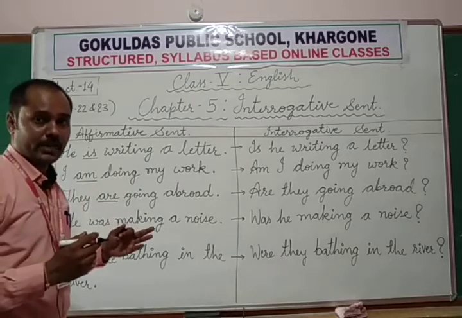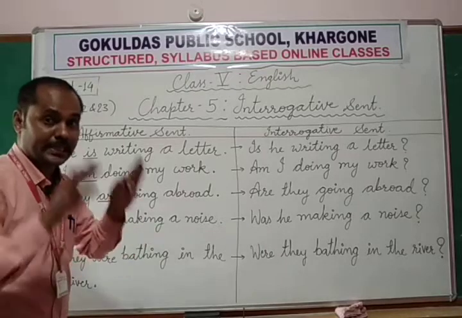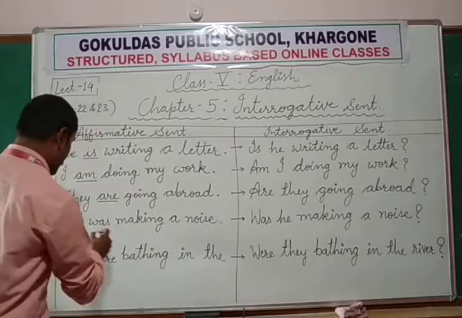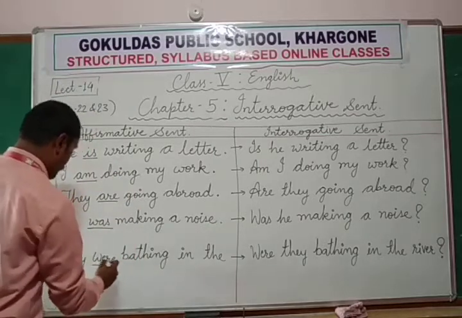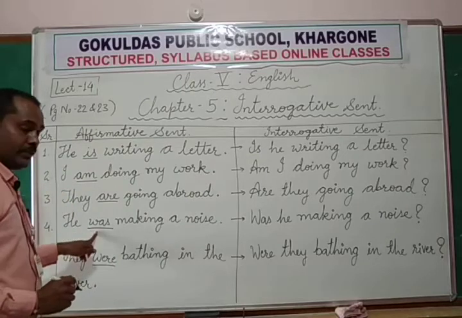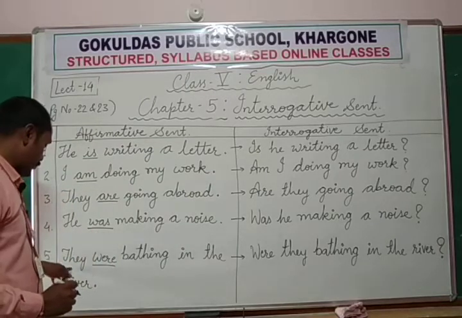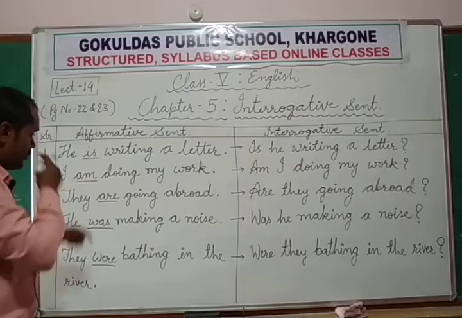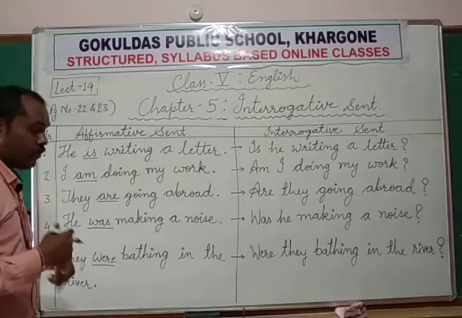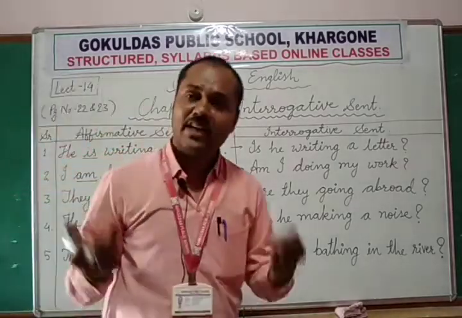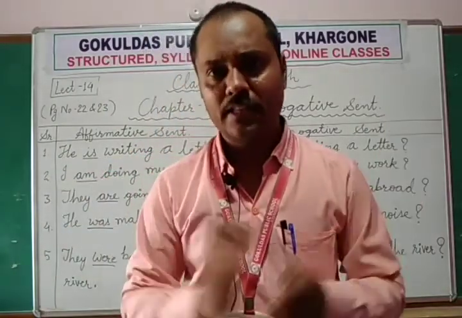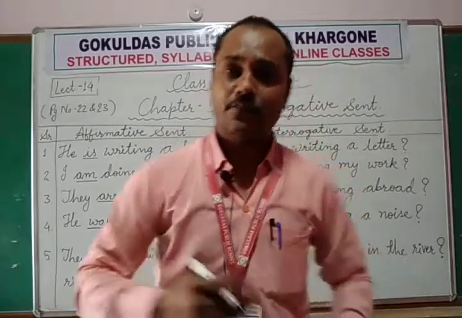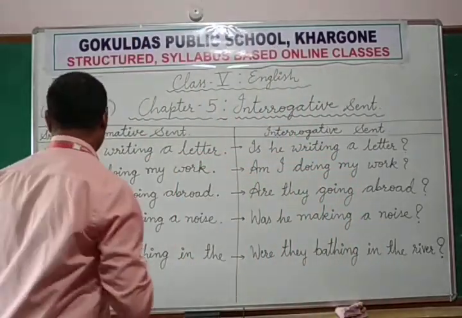These are the helping verbs used in present time to show the present time. But for past times we use was for a singular subject, and for plurals, meaning more than one person, we use were. So these are 1, 2, 3, 4, 5. We are already provided with the helping verbs. So nothing is difficult. The subject is there, the helping verb is there. We just exchange the positions and it becomes a question.